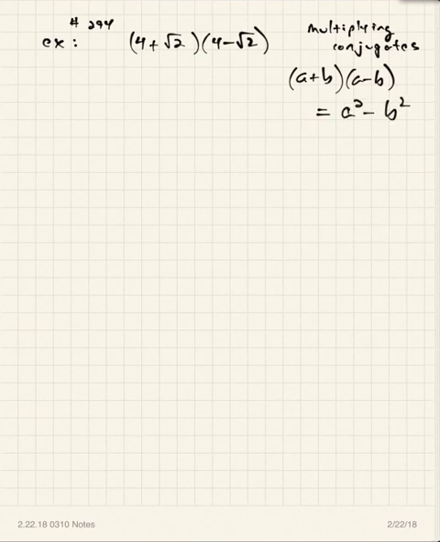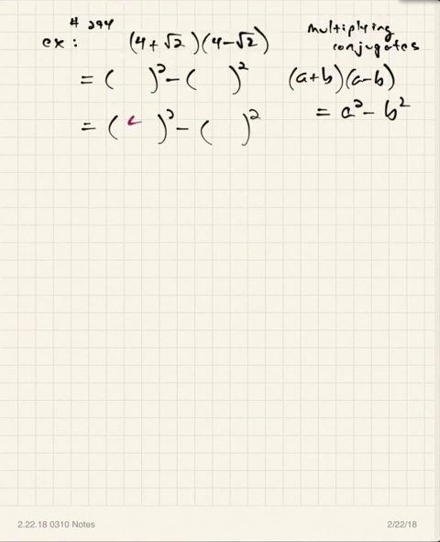Once again, there's a pattern to this kind of multiplication. And so what do you do when you see this? Especially when you have square roots, it's helpful just to write out the pattern: a squared minus b squared. And then just plug in the a and the b.